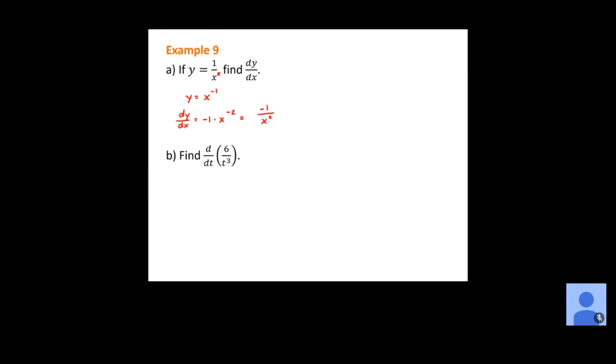So that x to the negative 2 goes to the denominator, becomes an x squared. Negative 1 just stays up top, though. And so we get negative 1 over x squared. And that's why I said I would change it to a negative exponent. Think of it as a power rule. Write out the steps if you need to, because it's really easy to forget that negative that goes up in the numerator if you don't. Okay? Any questions on that one?